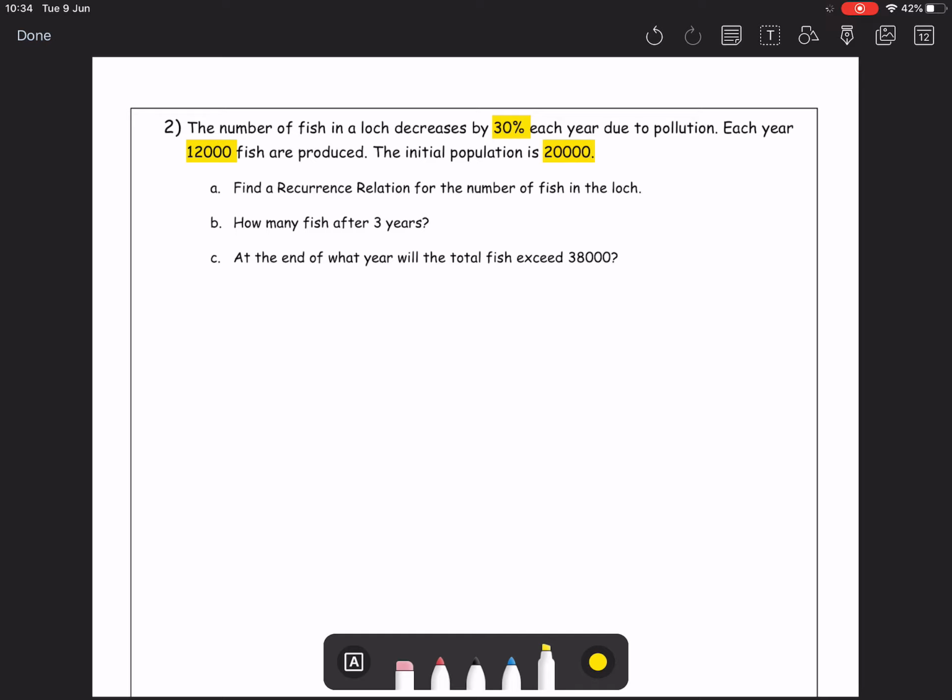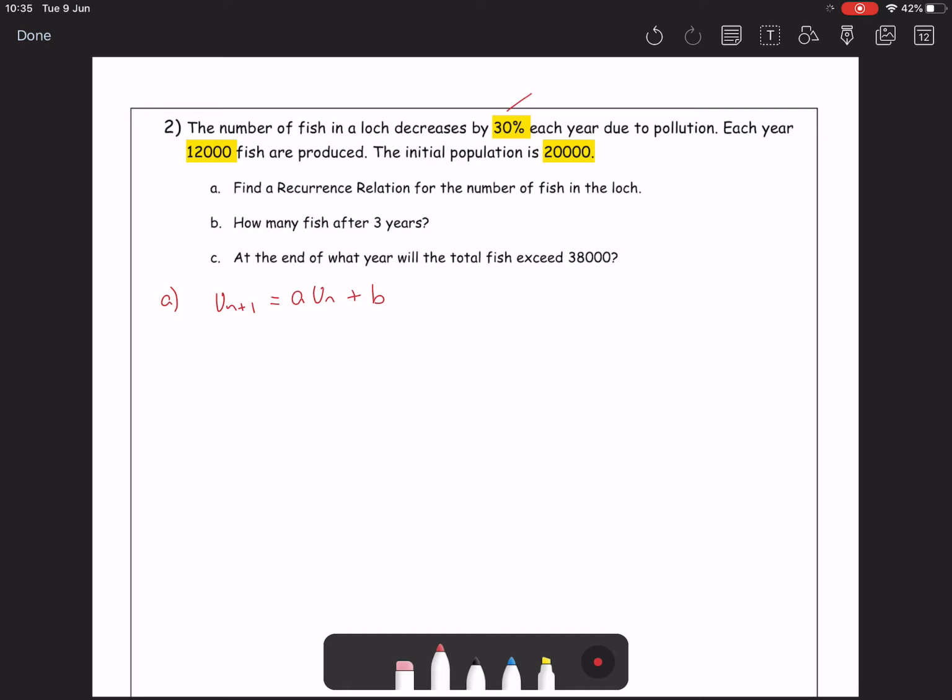First and foremost, that 30%, it's very easy to jump in and put 30% or 0.3 into your recurrence relation. Remember, what a recurrence relation gives you is that the next term in the sequence is equal to a times the previous term plus b. That a value is the multiple of your previous term.